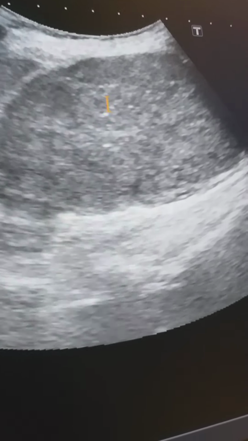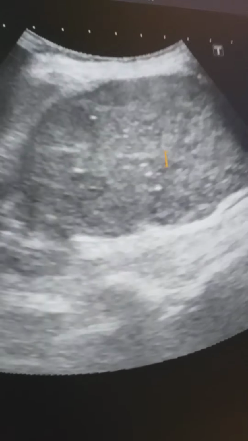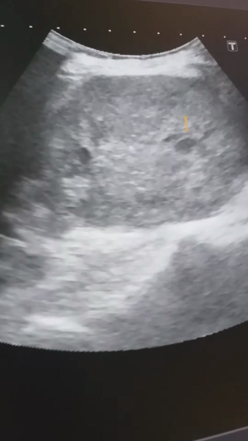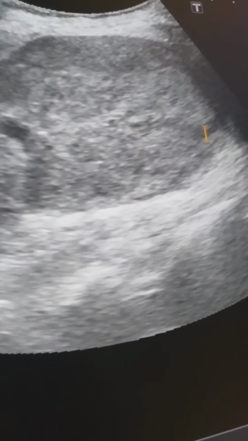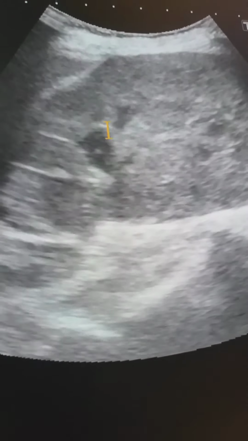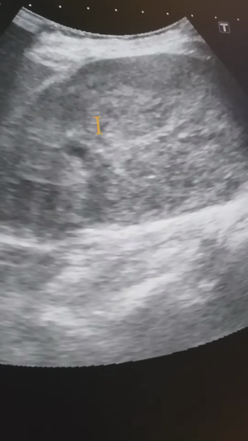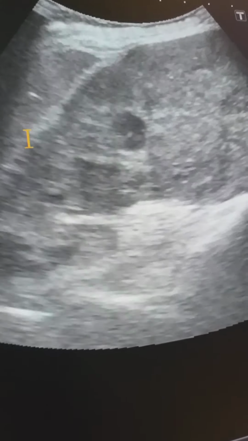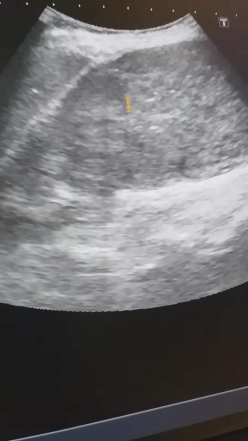Here we can see these tiny calcifications are present, and the mass is well defined from this region, and when it goes into the inferior pole, it infiltrates the lower pole of the right kidney.